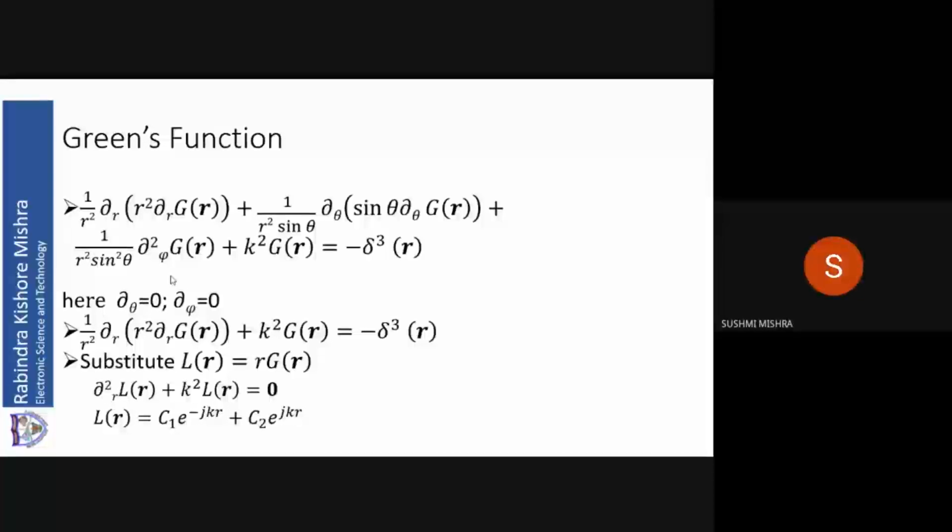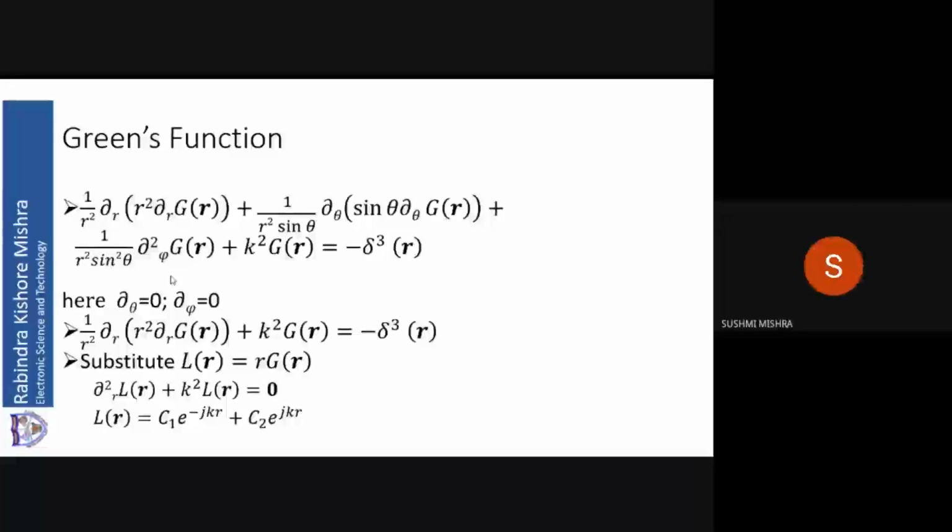Now look at what happens in this case. L(r) is equal to C1 e to the power minus jkr plus C2 e to the power jkr. What is e to the power minus jkr? It gives an outward propagation, something which is moving outward from the location r equal to 0.